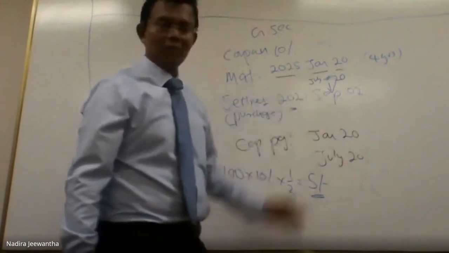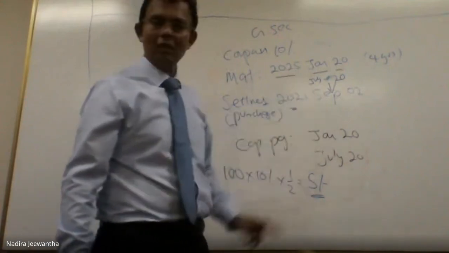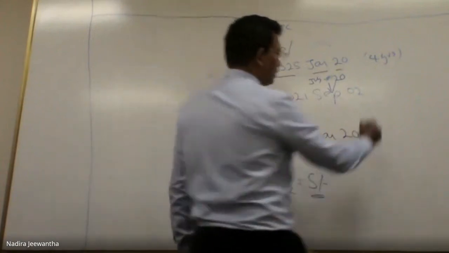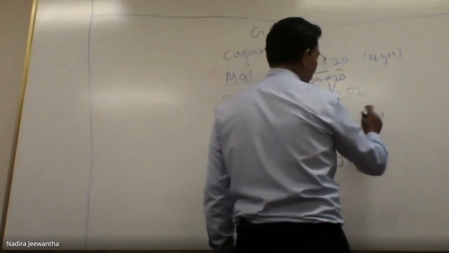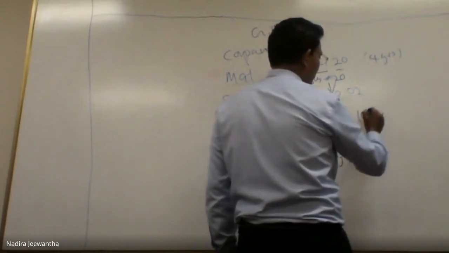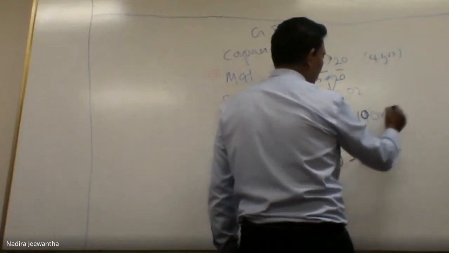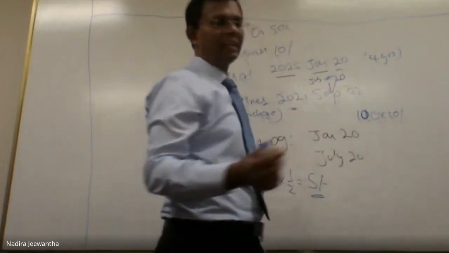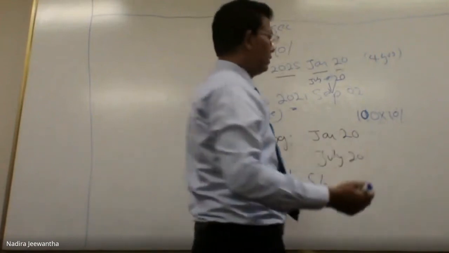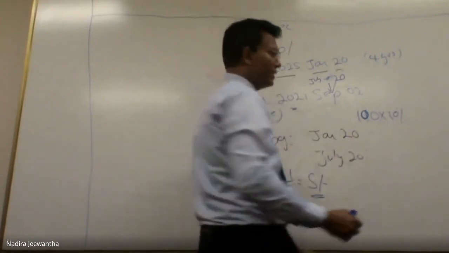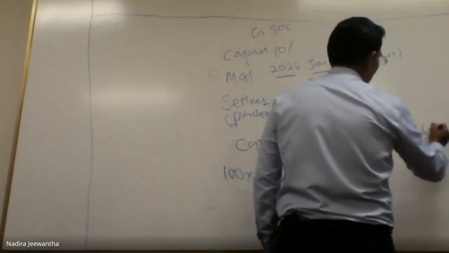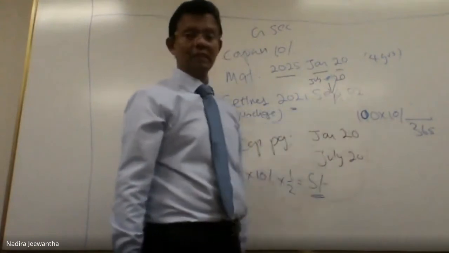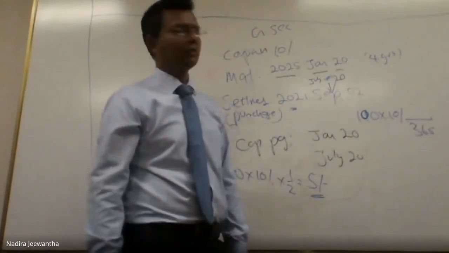From July to September, this seller must be paid how much? 100, 10%. Generally, for bonds we take actual to actual. So 2021, it's 365. How many days from July 20 to September 2nd? The exact number of days.